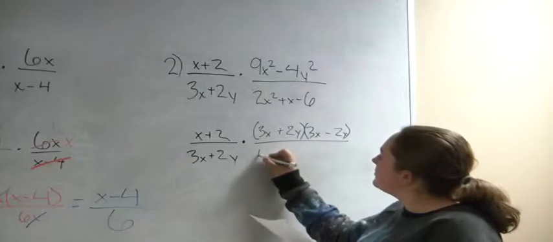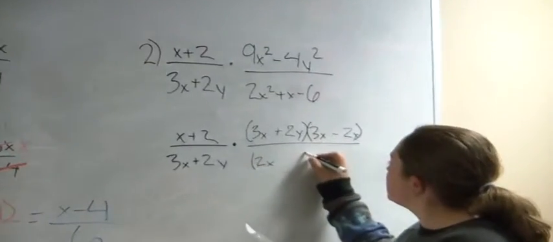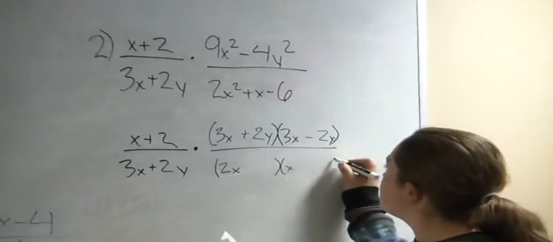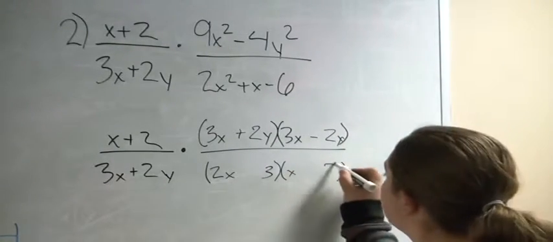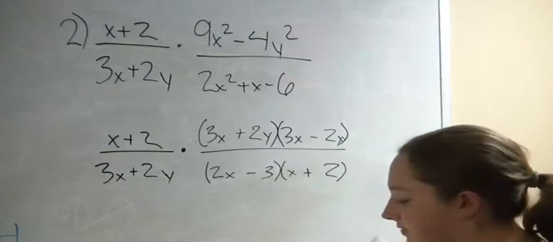And then the bottom one is 2x and x, and 3 and 2 and minus and plus.